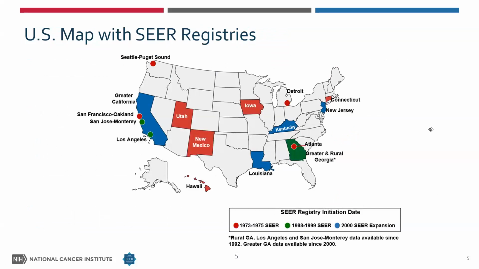Here is a map of the US with the SEER registries shown, and I will talk in the next slide about how SEER has evolved over time to capture more population in the US.